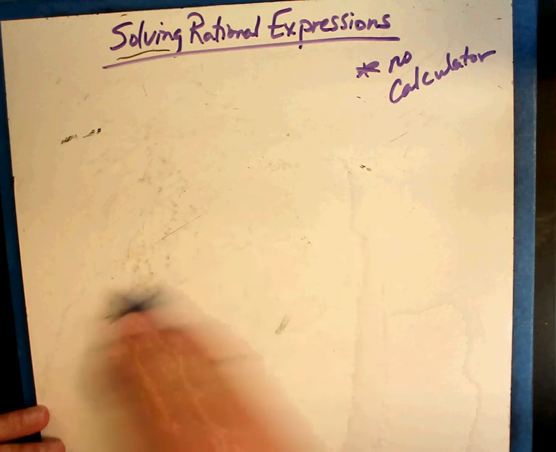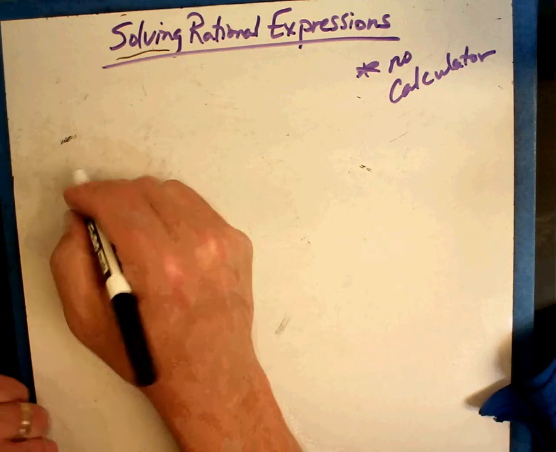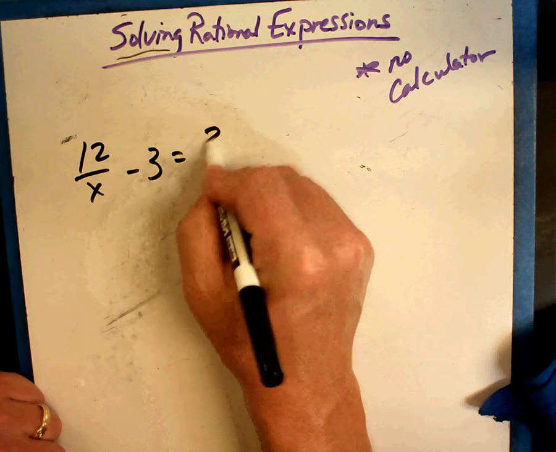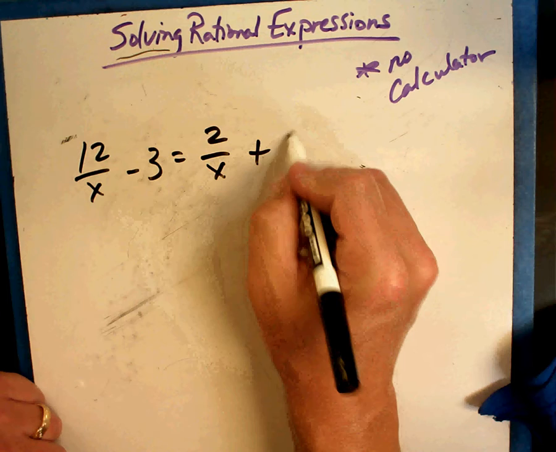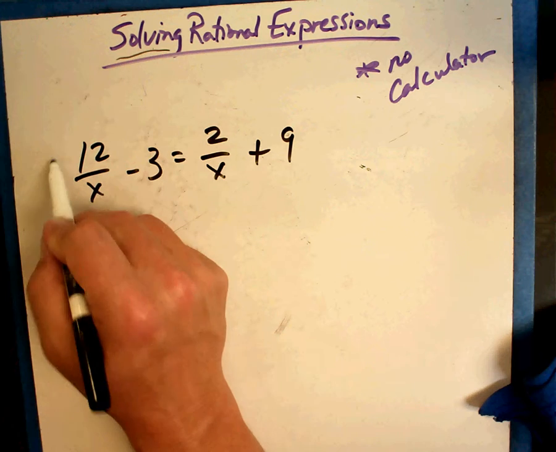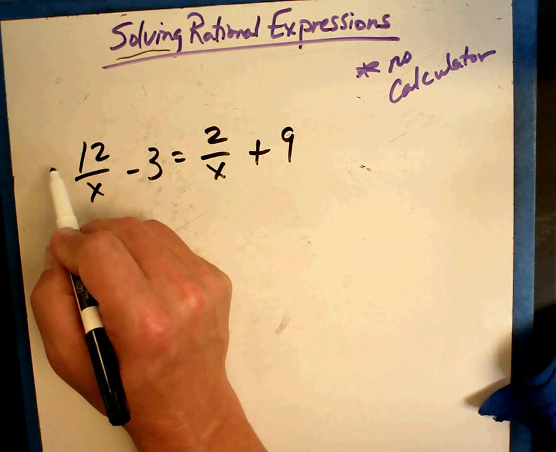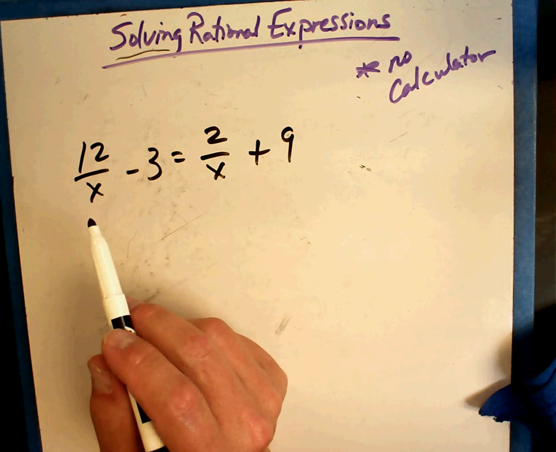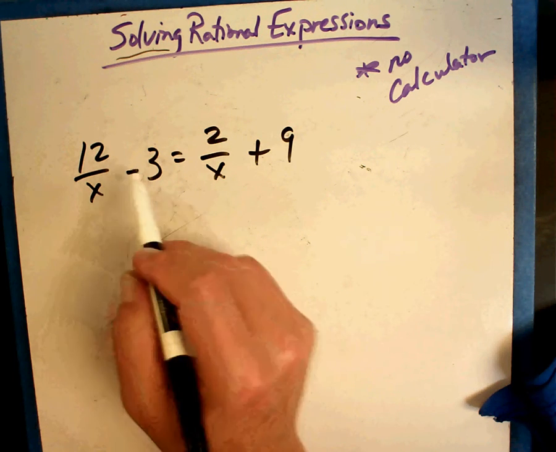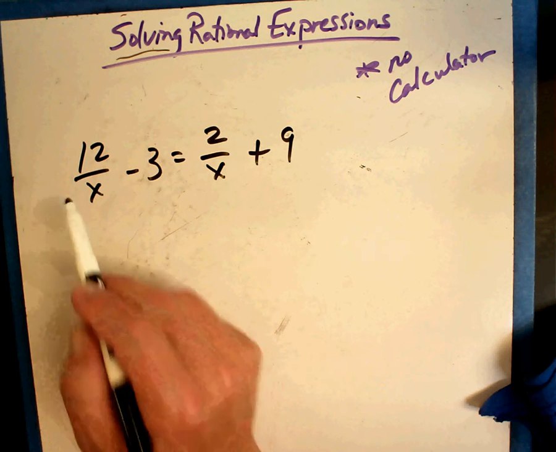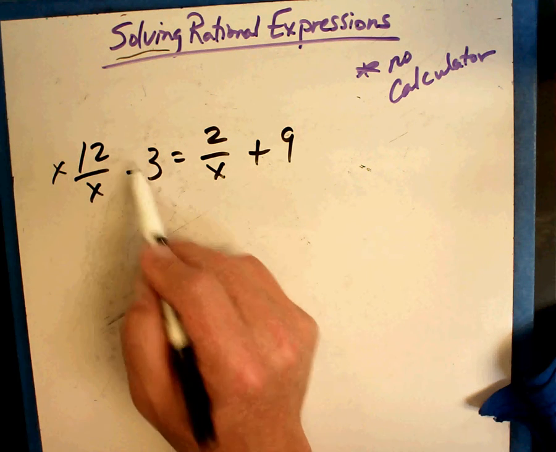Let's say I had one like this: 12 over x minus 3 equals 2 over x plus 9. Well, all of them need to have an x. And so if I go ahead and multiply out, what I want to end up doing is multiplying by x in each of them.